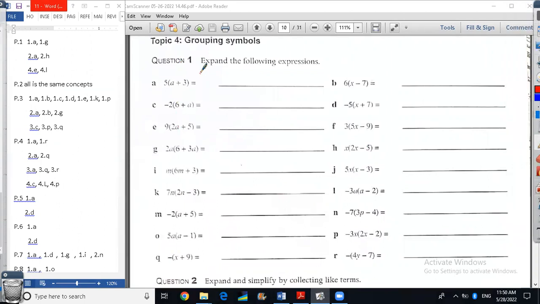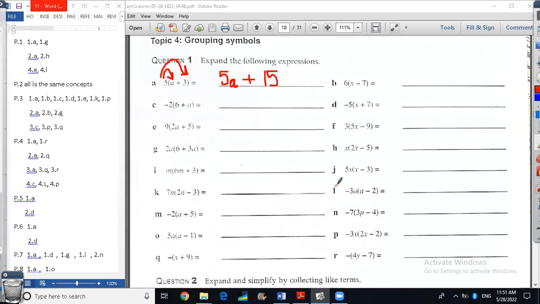Here, question 1, let's look at A. How can we expand the following expressions? Very simple and easy. We just multiply the number that is outside the brackets by the numbers inside the brackets. So 5 times A is going to be 5A. 5 times 3 is just 15, positive 15.